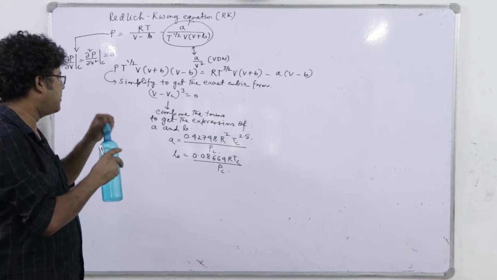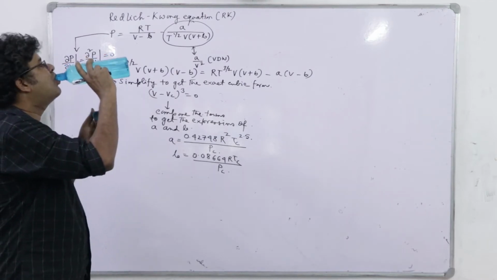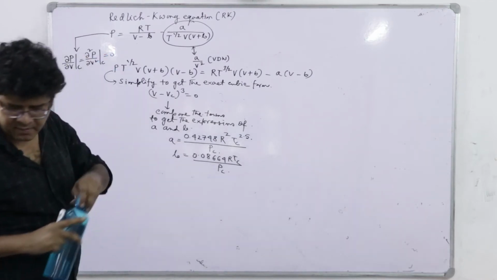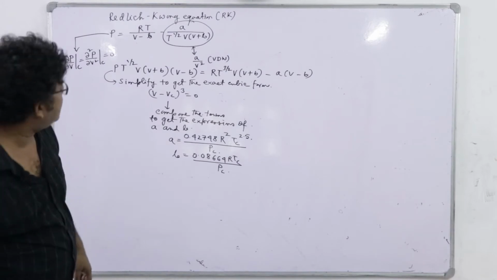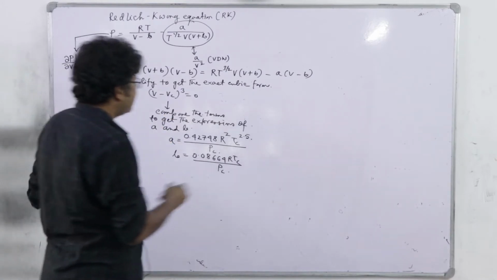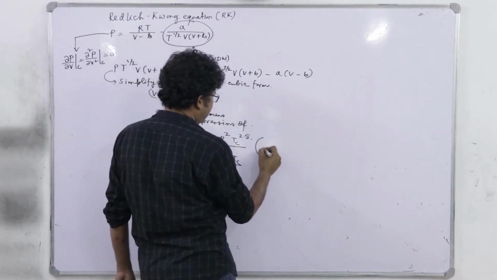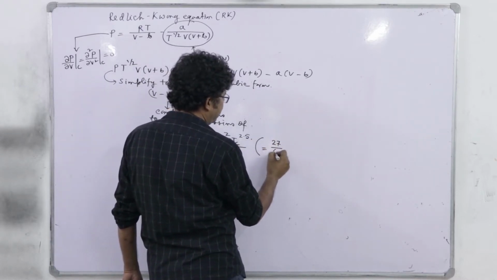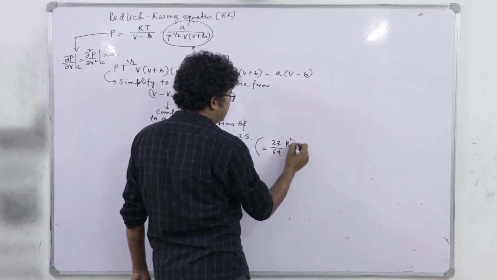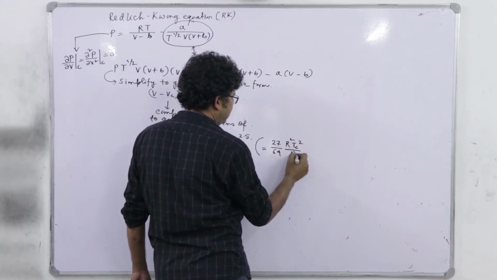So, that is the form of the Redlich-Kwong equation. Now, in van der Waals the same term was 27 divided by 64 R square Tc square divided by Pc.